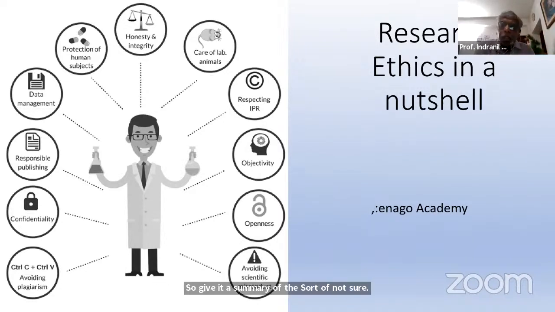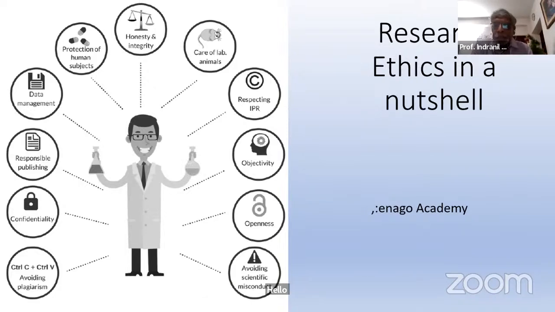One very important thing, of course, is data management. I will keep coming back to it. Then, of course, protection of human subjects, very, very important when you are moving to clinical trials or medical sciences. Honesty and integrity of research, not showing cruelty to animals, respecting IPR, intellectual property rights of your fellow researchers, individuals, even students.